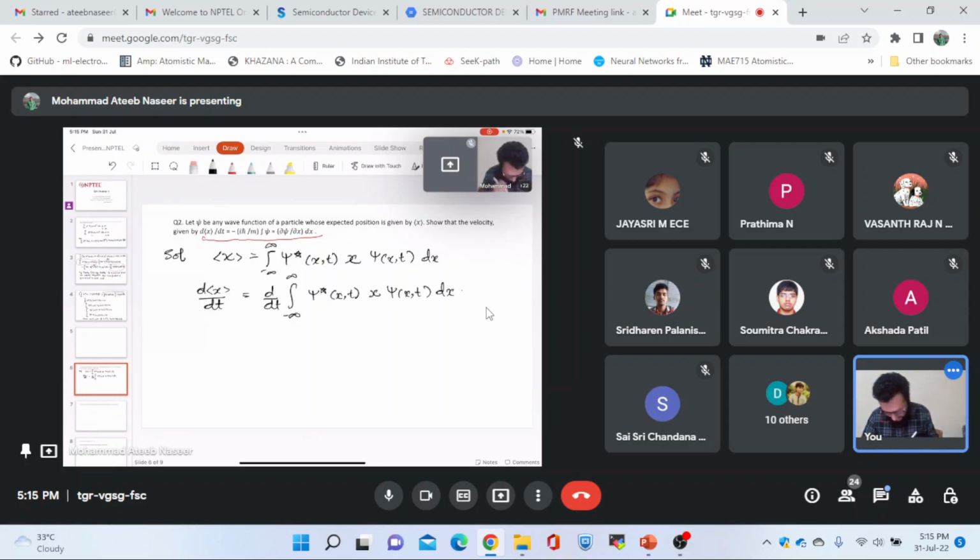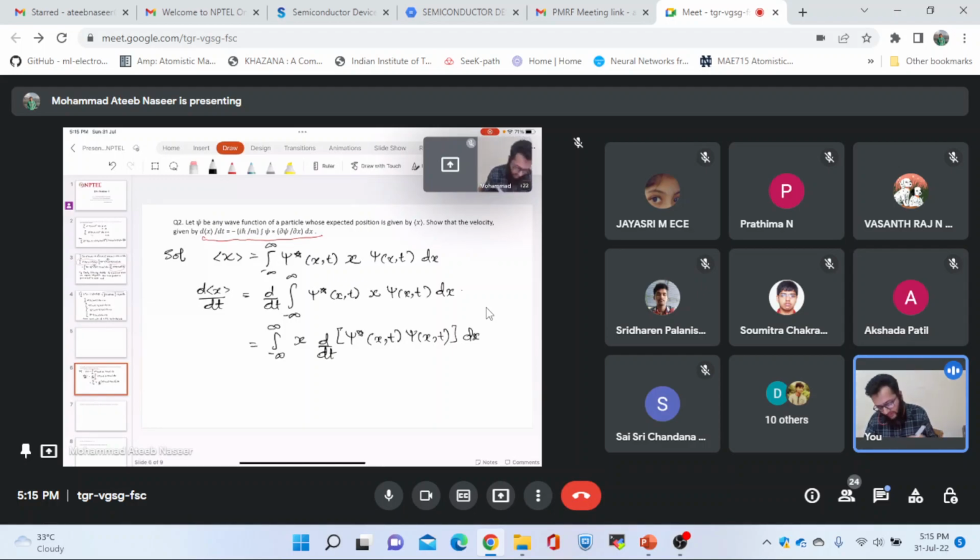Since I can take the d by dt inside, I can write it as the integral from minus infinity to infinity of x times d by dt of psi star of x comma t psi of x comma t, integrated over x.